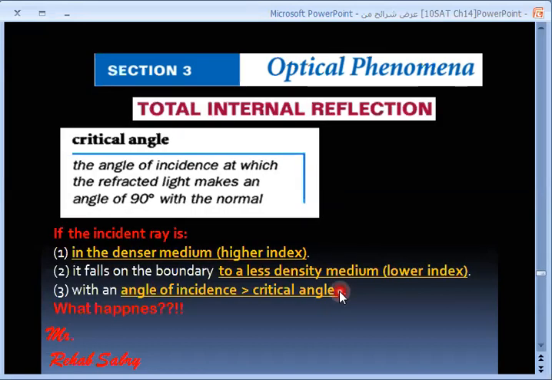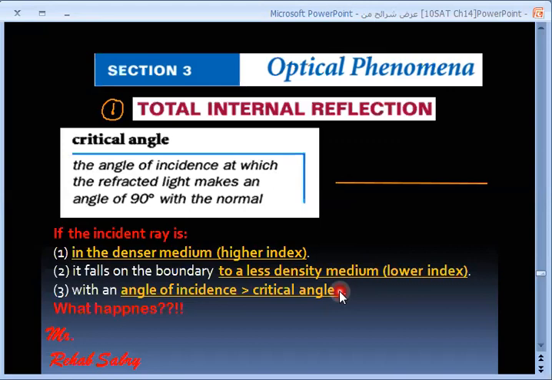Okay, number 1, this is the first phenomenon that we will talk about, which is the total internal reflection. If we consider the following situation, now this is a boundary, okay? This boundary is between 2 media or 2 mediums.